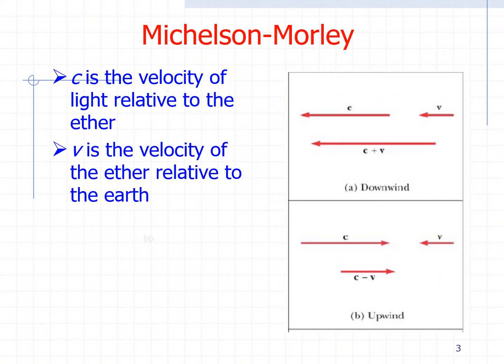So in this slide we will study the concept of upwind and downwind. As we all know, c is the velocity of light relative to ether and v is the velocity of ether relative to earth.